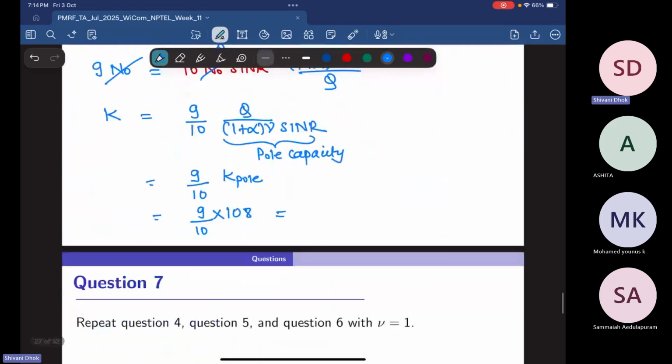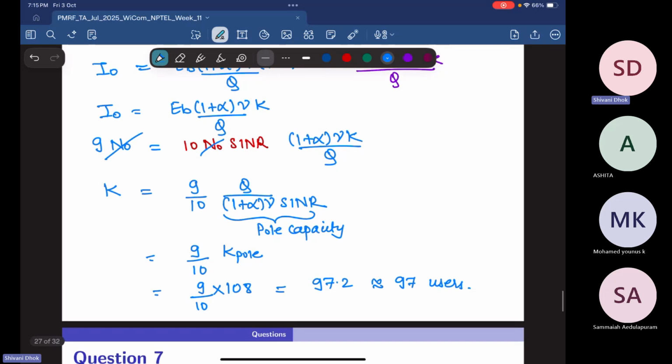So this comes out to be 97.2, which is around 97 users. Is it clear? Any questions?